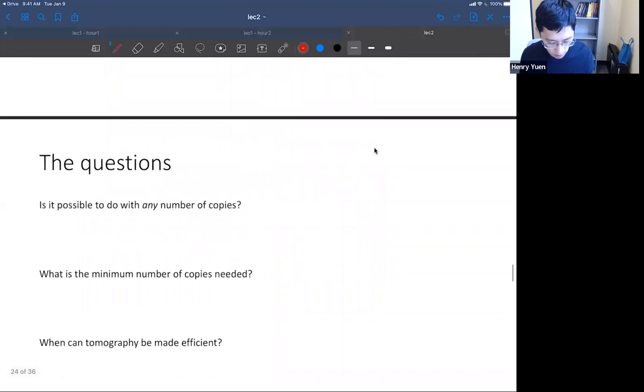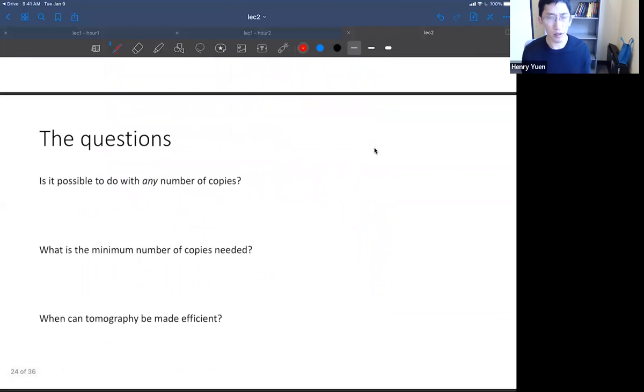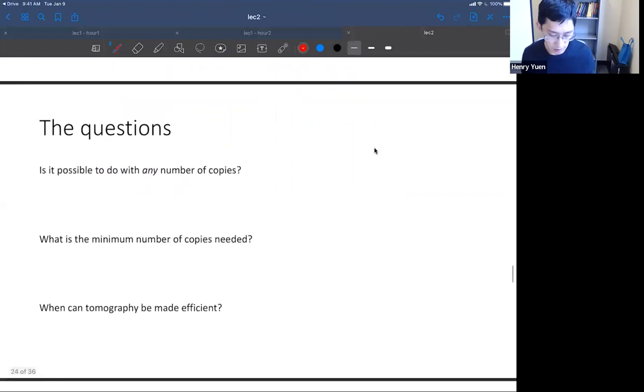So here are the questions. First of all, is it even possible to perform with any number of copies? Maybe it's just not possible. If it is possible, what's the minimum number of copies that you would need of a state in order to get this classical description? And we're going to look at this in the worst case.